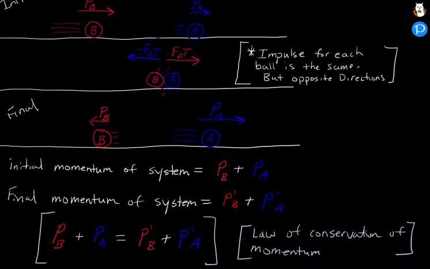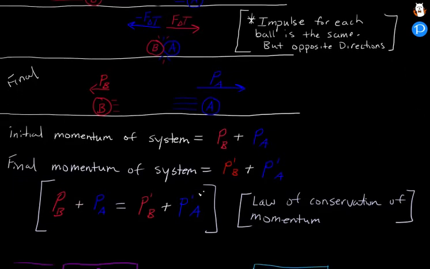So even though the momentum just for ball B changes, for the entire system, momentum is conserved. So whatever momentum these two balls together had is the same amount of momentum that these two balls together have at the end, even though individually they change. So we can actually use this to solve some different problems.